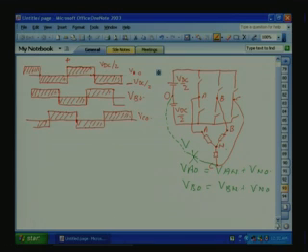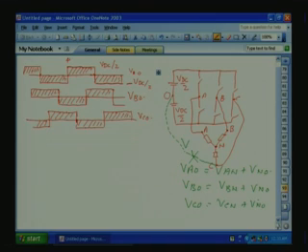NO is the voltage from here to here. So, VA0, if you measure this voltage, is equal to VAN plus VNO. Similarly, VC0 is equal to VCN plus VNO.